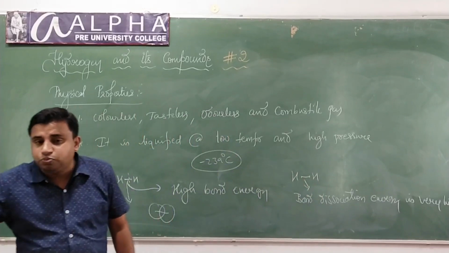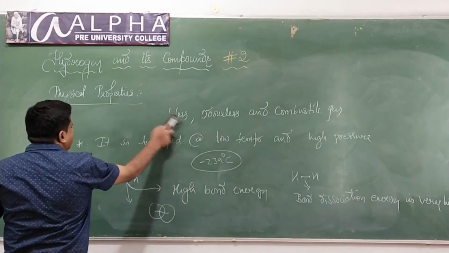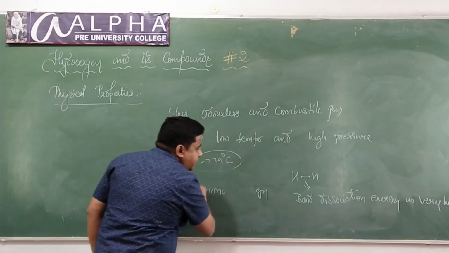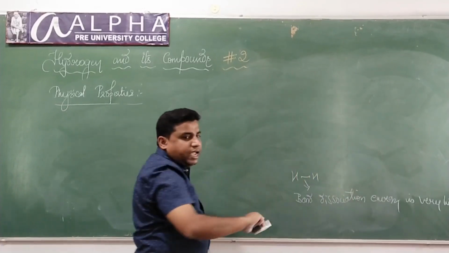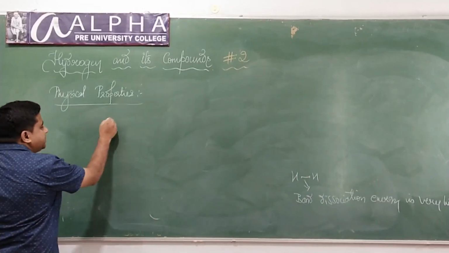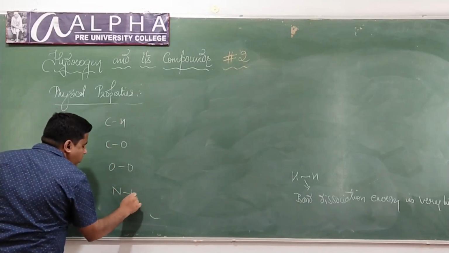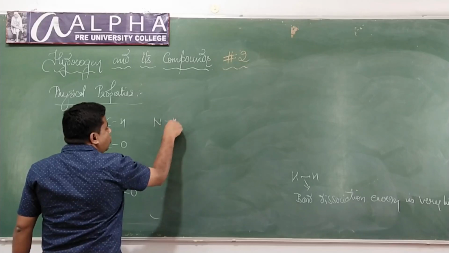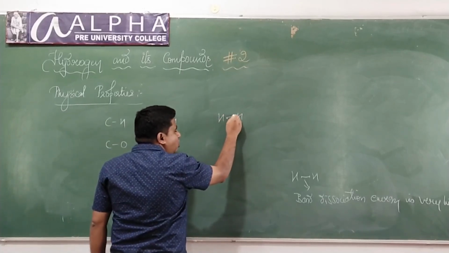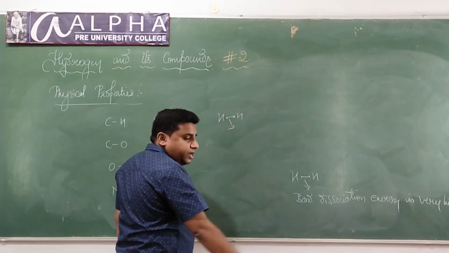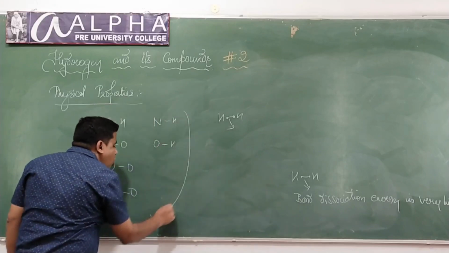If you compare the bond energy of the H-H bond with any other bonds, for example the C-H bond, C-O bond, O-O bond, N-O bond, N-H bond, or O-H bond, the H-H bond has a very high bond dissociation energy when compared to all of these.